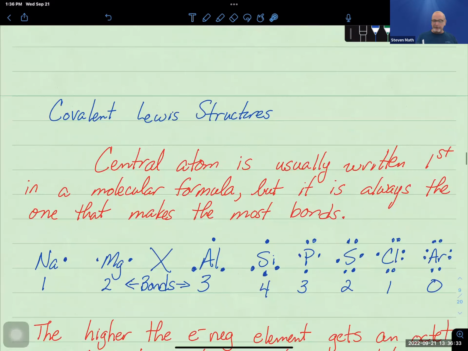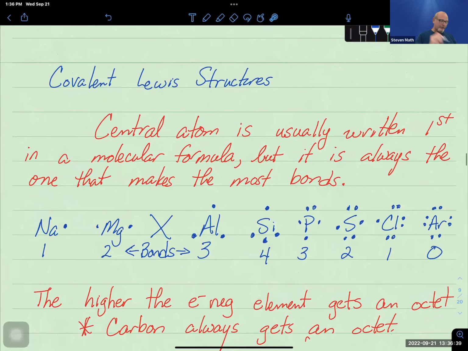Okay, now let's look at a couple of covalent Lewis structures. In a covalent Lewis structure, the central atom is usually written first in a molecular formula, but it may not be written first, but it's always the one that makes the most bonds. How do we know how many bonds something can make?